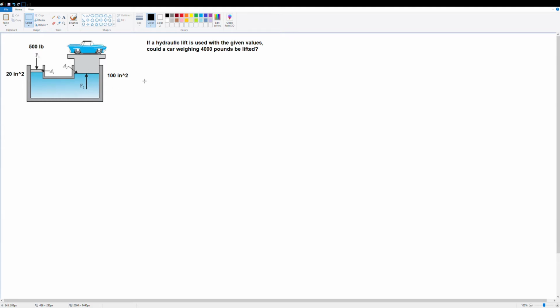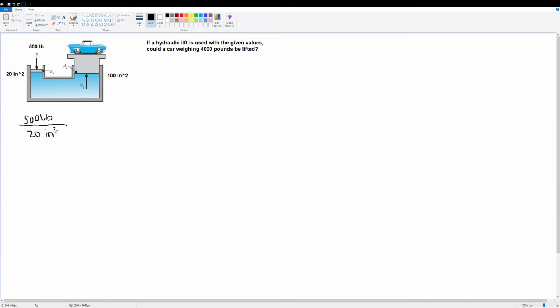So the question is, if a hydraulic lift is used with the given values, could a car weighing 4,000 pounds be lifted? Well, how do I calculate pressure? I have 500 pounds input on this 20 square inch piston, so pressure is force over area, like stress. So I have 500 pounds over 20 square inches.